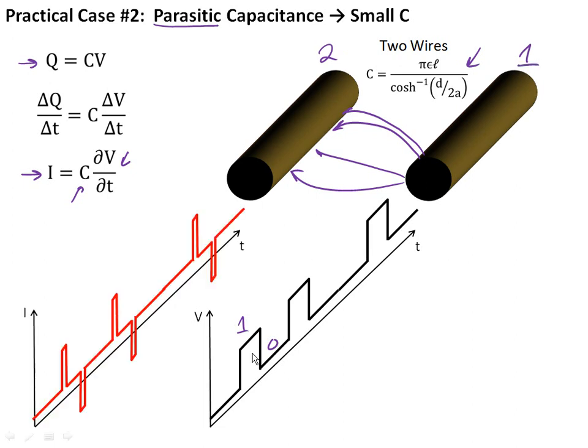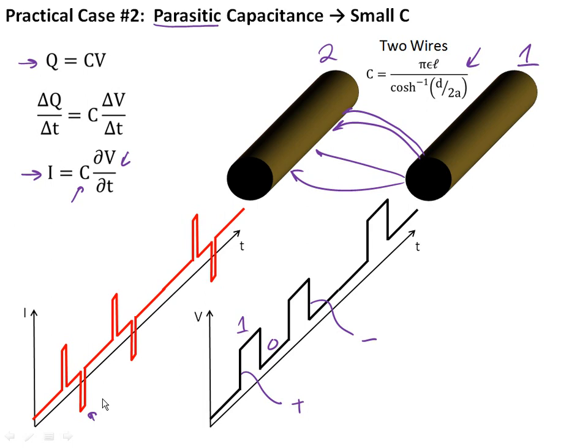And that current might look something like this, because you notice here the rate of change of voltage is large and positive. When you have a falling edge, you have a negative change of voltage. So you might get a positive going current pulse, a negative going current pulse on the falling edge, and so on and so forth. What have you done? You've coupled the signal from wire 1 into a signal on wire 2.